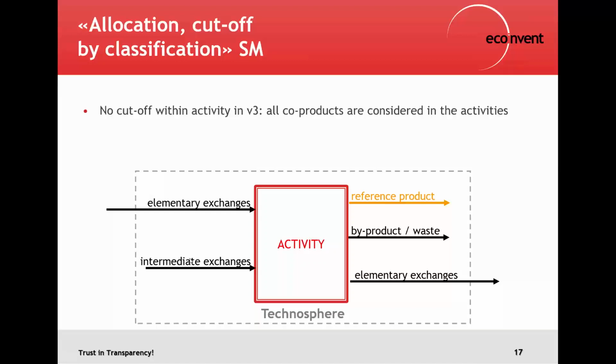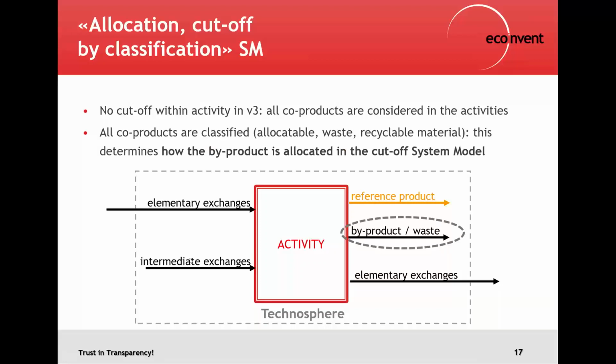So the cutoff in this system model happens not because there are cutoffs in the inventory, but because the products are classified, and depending on their classification, they are allocated differently. The classification puts them in 3 categories: allocatable, waste, and recyclable materials.